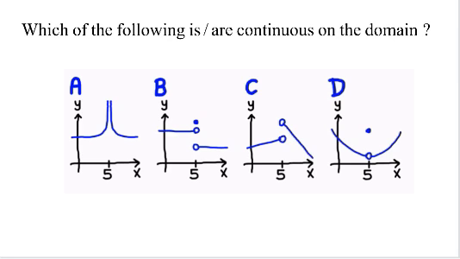Which of the following is or are continuous on the, let's underline this key word again, domain? This problem becomes a little bit sneaky if you don't pay attention to the word domain. Remember, domain is the places where it's defined. So for example, letter A. It's not defined at 5, is it?